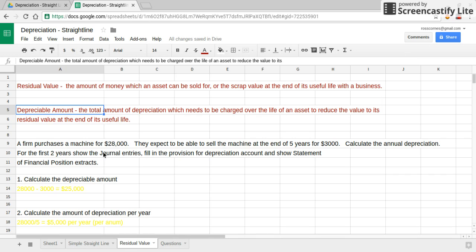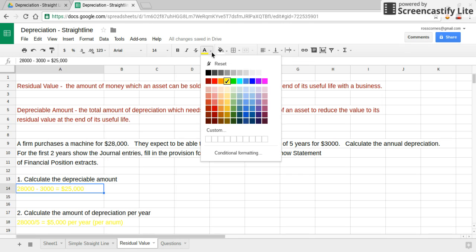So we've got an example here. A firm buys a machine for $28,000. They're going to be able to sell it for $3,000 at the end of its useful life, and we need to calculate the depreciation. So first of all, we calculate the depreciable amount.